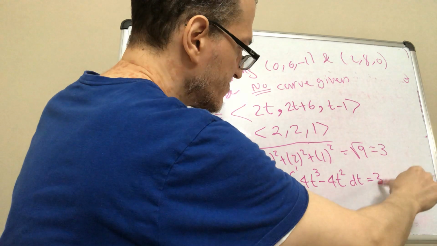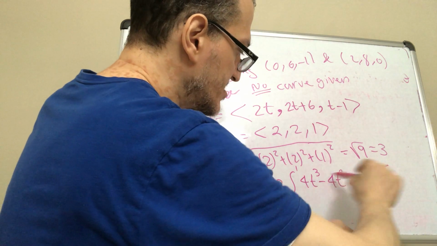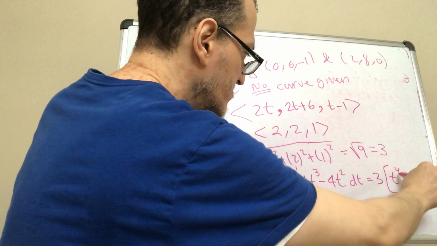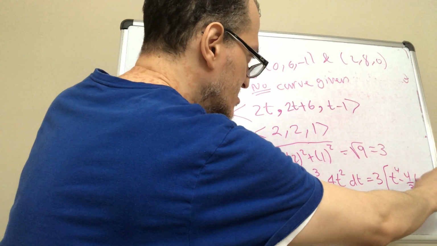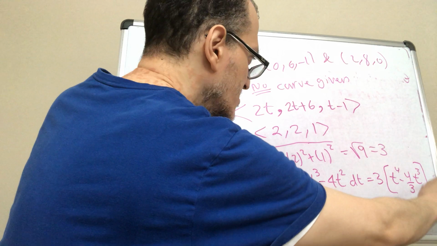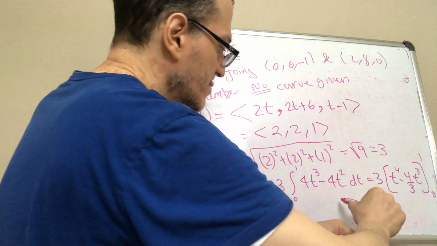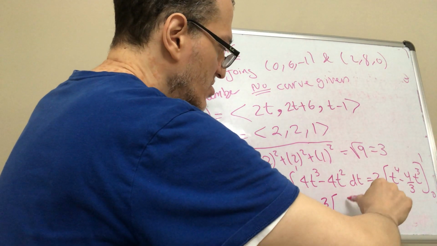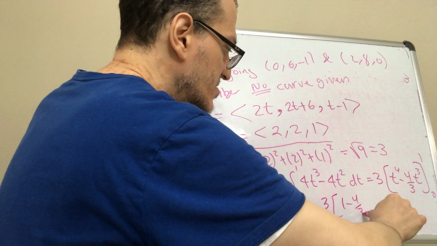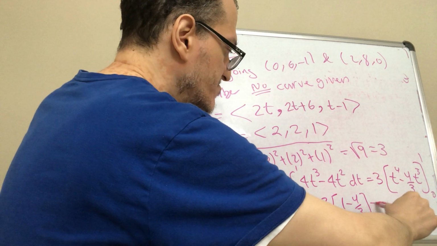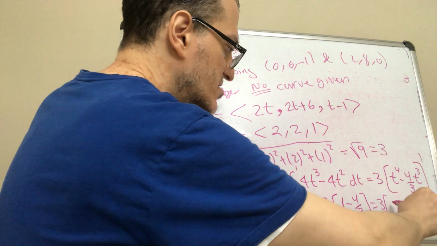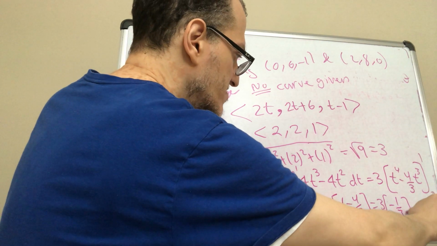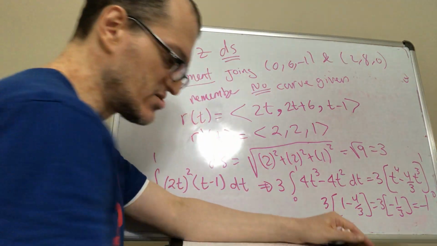So 3, integrating this is t to the 4th, integrating this is 4 over 3 t cubed, from 1 to 0. Plugging in 1 gives you 1 minus 4 over 3, and 0 gives you 0. So 3 over 3 minus 4 over 3 is minus 1/3, so the answer is minus 1.